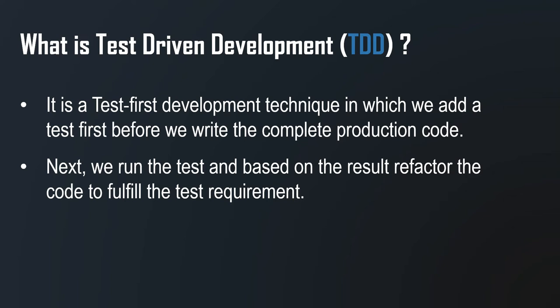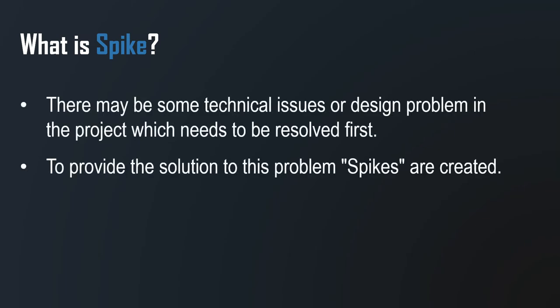Okay, now what is a spike? Now this is yet another important question. If you are applying as a scrum master or a product owner, what is a spike? There may be some technical issue or design problems in the project which need to be resolved first.